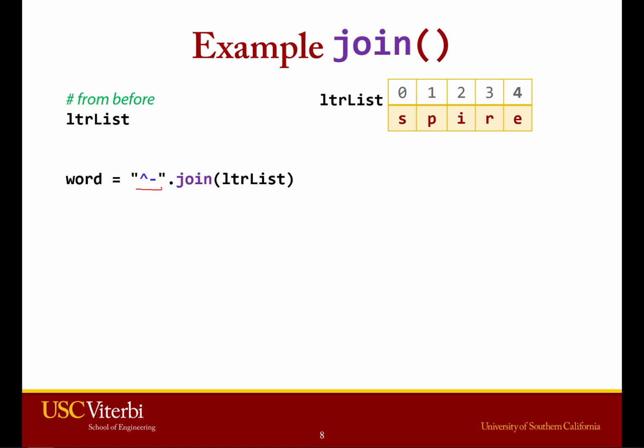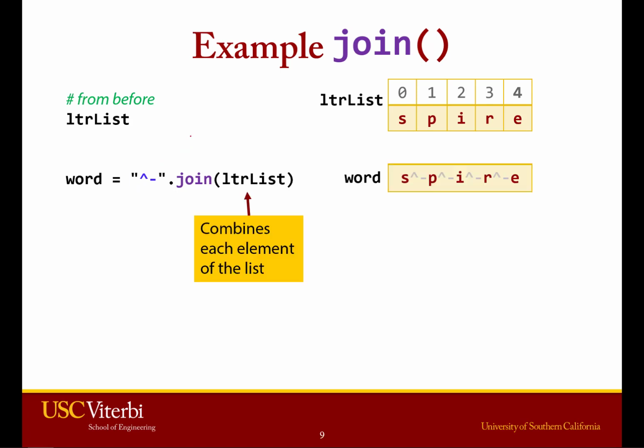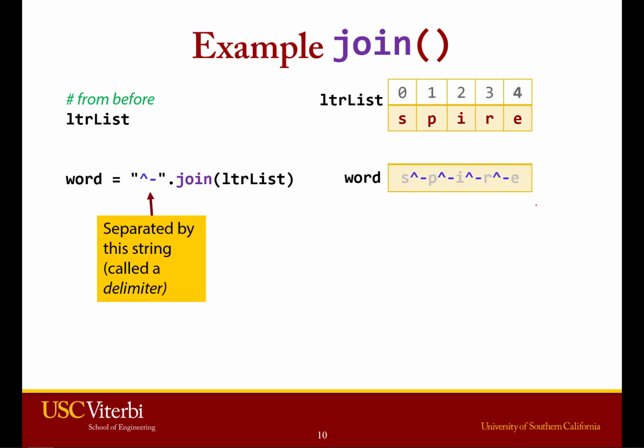String.join(letter_list). So the caret dash, this is what I would call my delimiter. When I do this, it's going to combine all of the elements, which is spire, S-P-I-R-E, into a new variable word. So we see S-P-I-R-E is all here. There's my letters, but it separates them by our delimiter.